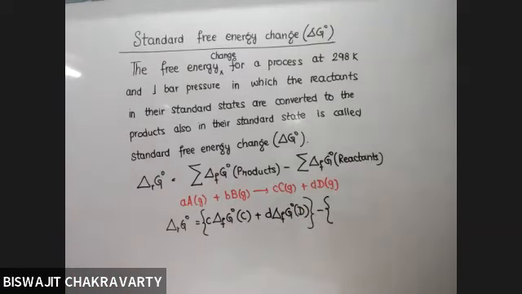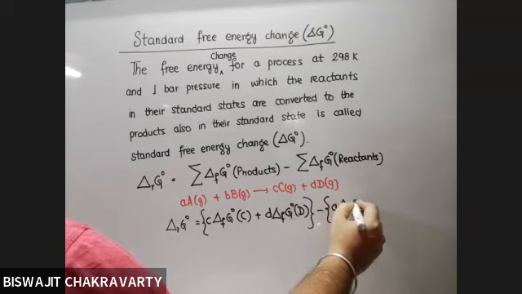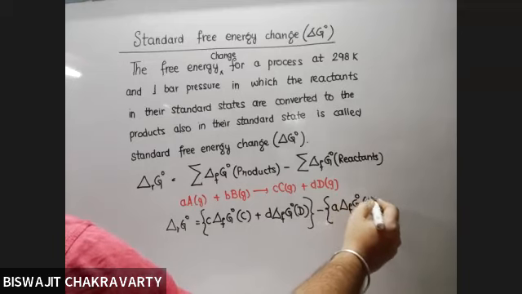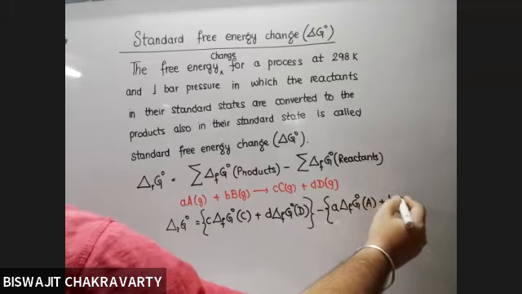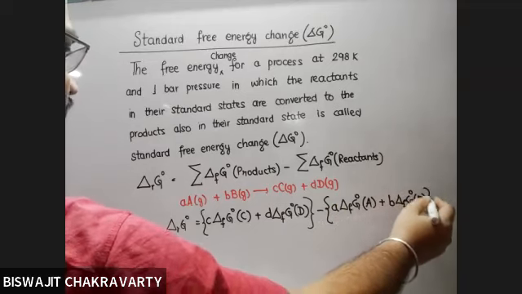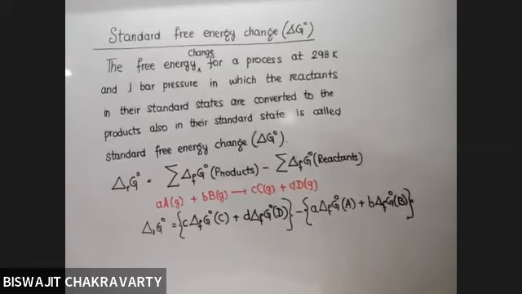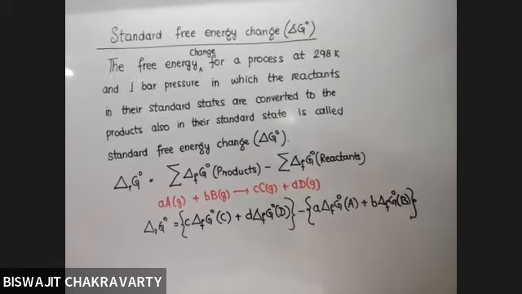what should I write next? Tell me. Products are over. Now what am I supposed to write? Sum of reactants. So a into delta F G degree of reactant A plus b into delta F G degree of B. Clear or not? Now is it understood what is the meaning of summation? Sigma means summation.